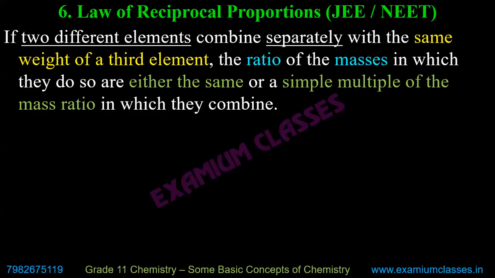Normal ones: sulfur, oxygen, calcium, sodium, potassium, hydrogen, fluorine, oxygen, nitrogen. At least these five were included in the syllabus of 10th itself, till 20, till calcium. So till there, at least you should remember.